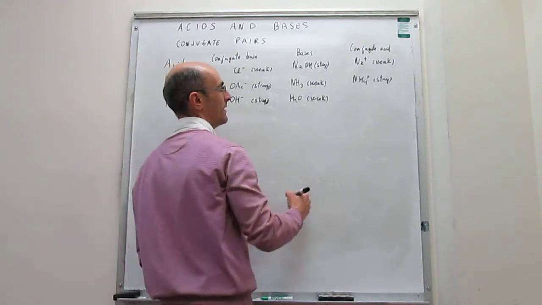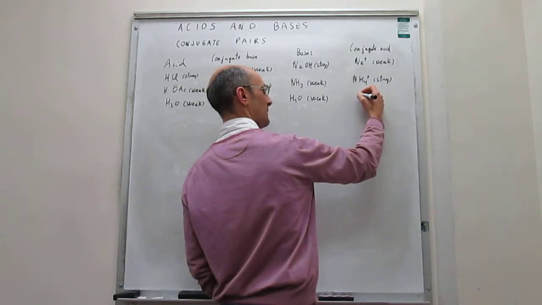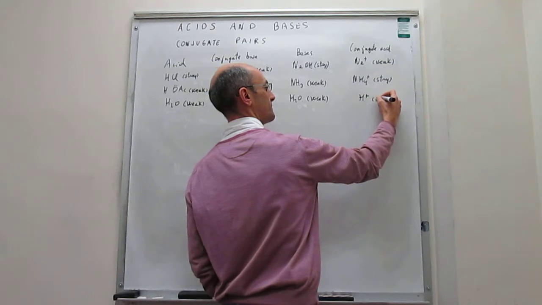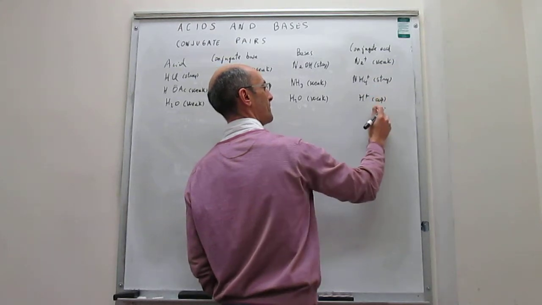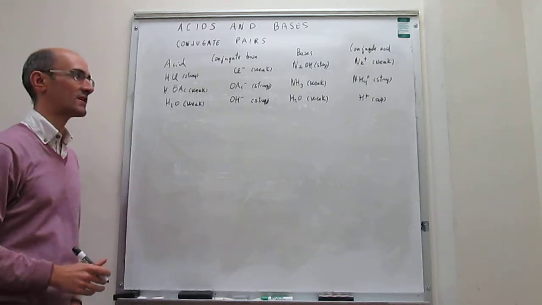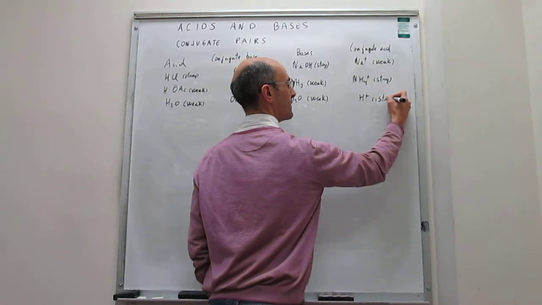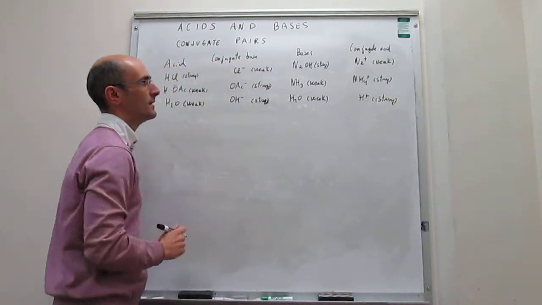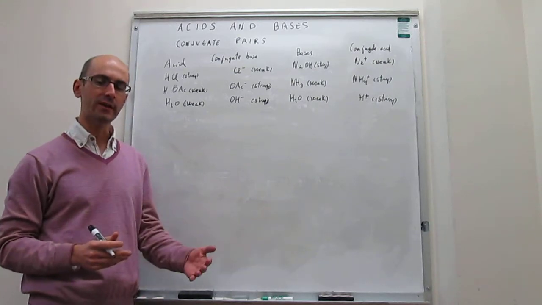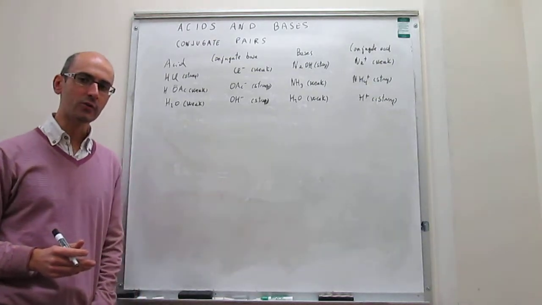And finally, when water behaves as a weak base, it accepts protons, generating the conjugate acid, and that will make the solution acidic as well. Notice again that there is a relationship between the strength of a base and the strength of its conjugate acid. A weak base generates a strong conjugate acid, and a strong base generates a weak conjugate acid.